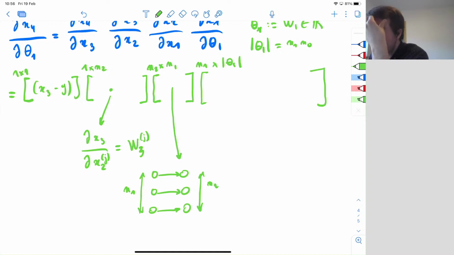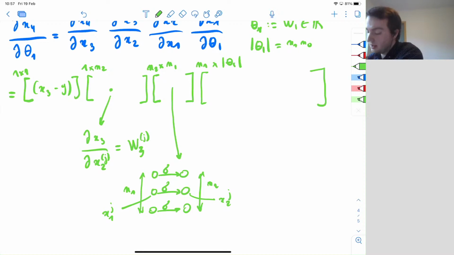For each of them, x1j corresponds to x2j.